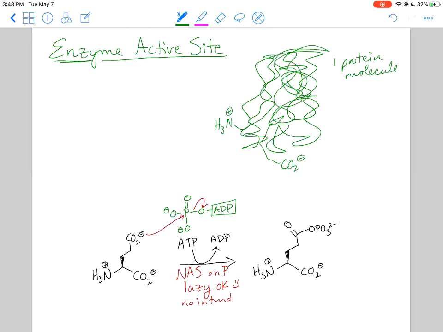So it has a clear ending point and a beginning point. Somewhere within that enzyme, we have a zone that we call the active site. This is typically a very small portion of that protein molecule where the magic happens. And by that, I mean, this is where the organic reaction happens.